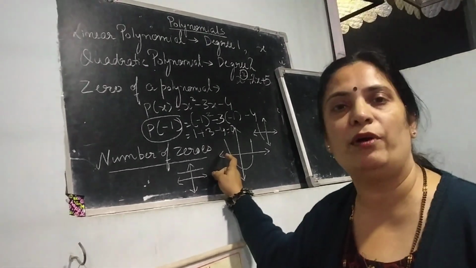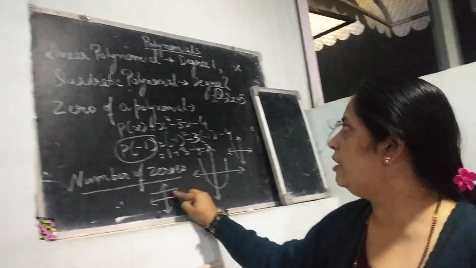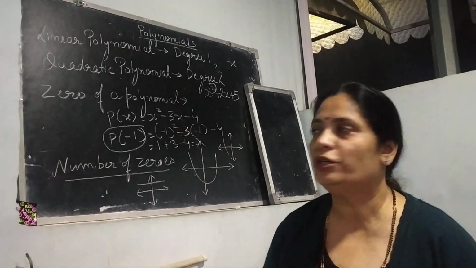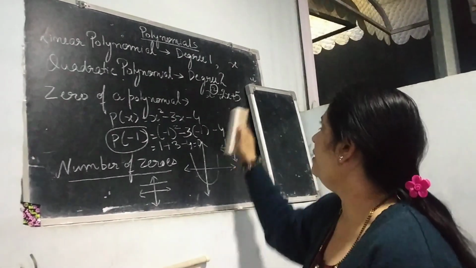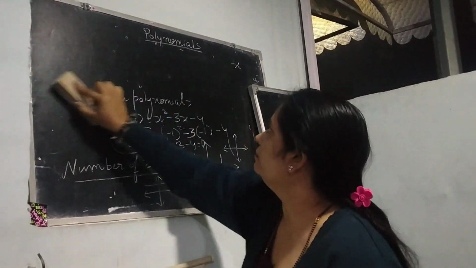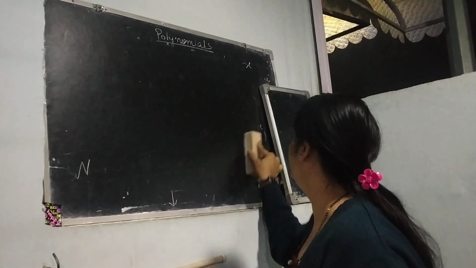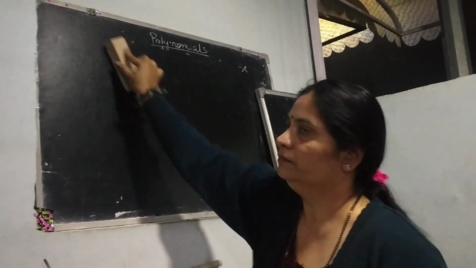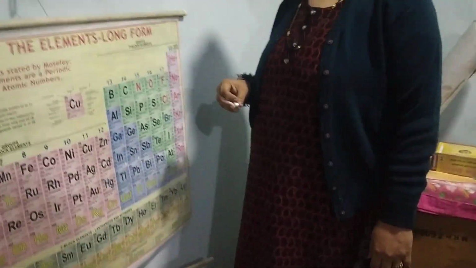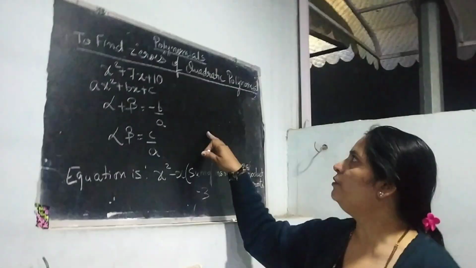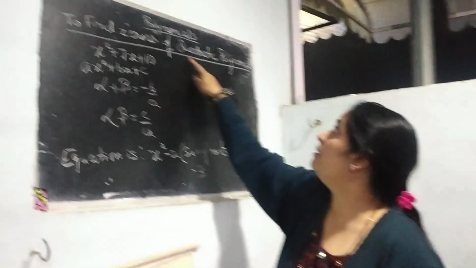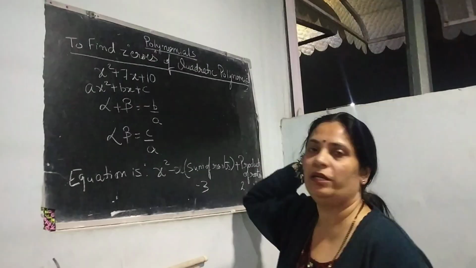Now coming to the important part, how to find the solution of the given polynomial. Now let's move to another topic, which is how to find the zeros of a quadratic polynomial.